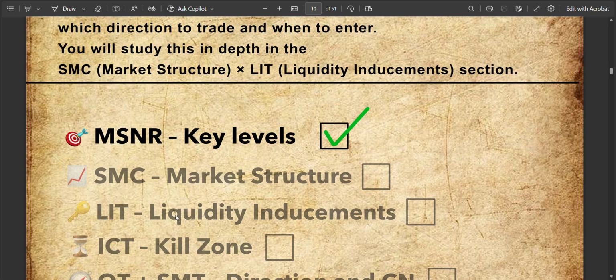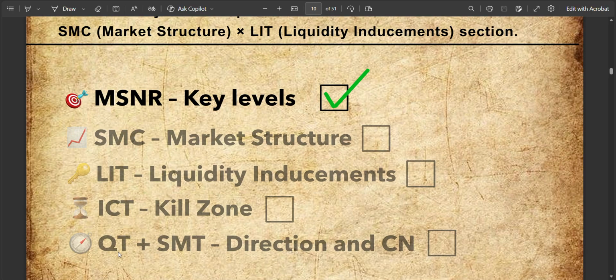So once you come here, we are done with number one, MSNR key levels, for today. In the next video, I will show you the SMC market structure. Then the second or third video shows you liquidity and inducement, and in the fourth one, I will show you the ICT kill zone, and then I will show you QT SMT flat direction.